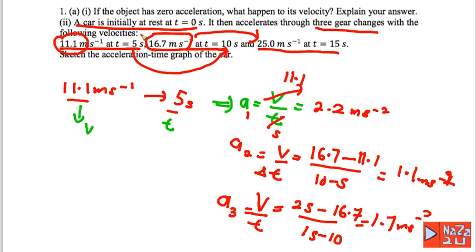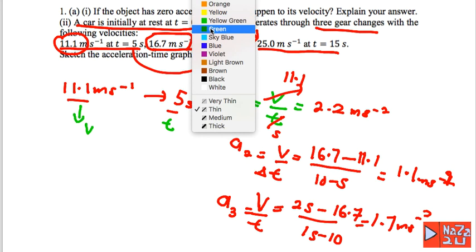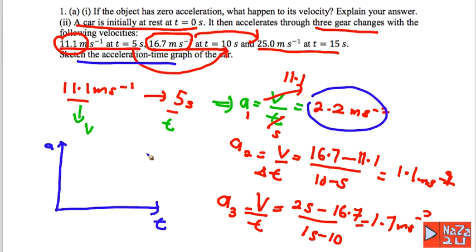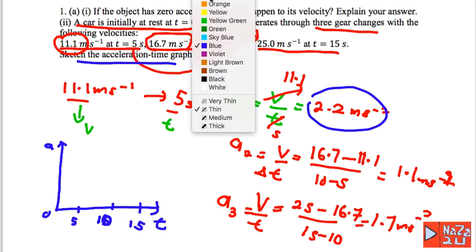Now, because the question asks you to sketch the acceleration-time graph, we start the acceleration from 0 to 5, then from 5 to 10, and from 10 to 15 seconds. What happens to the acceleration?